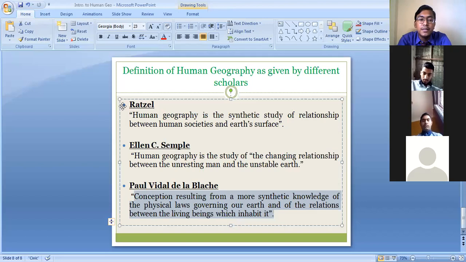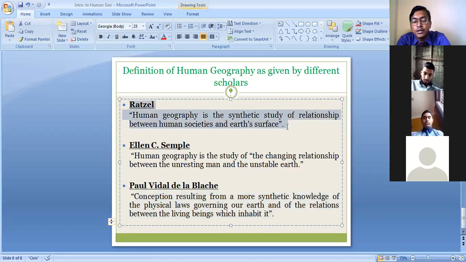Here Vidal de la Blache is one of the most important and notable human geographers, and the definition of human geography given by him is the most accepted definition of human geography.